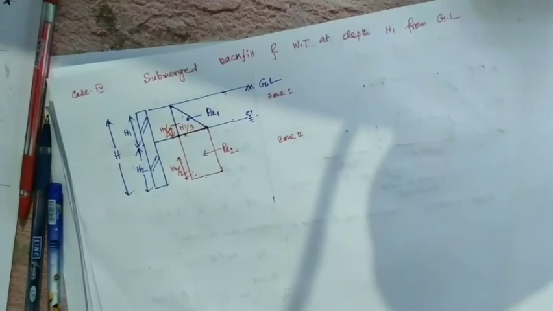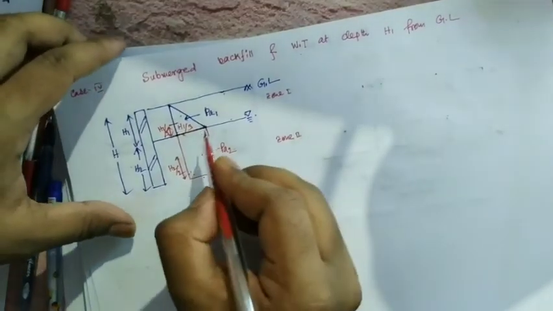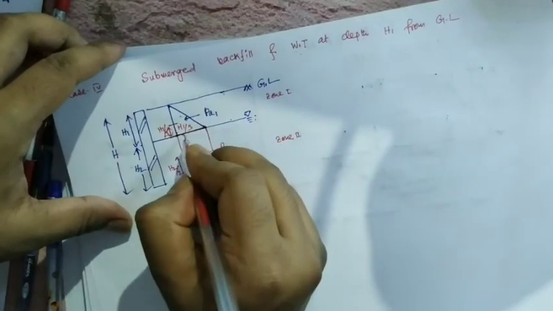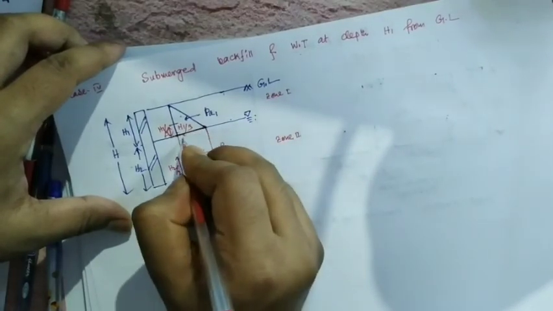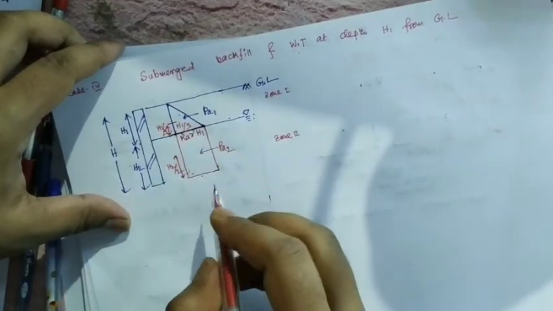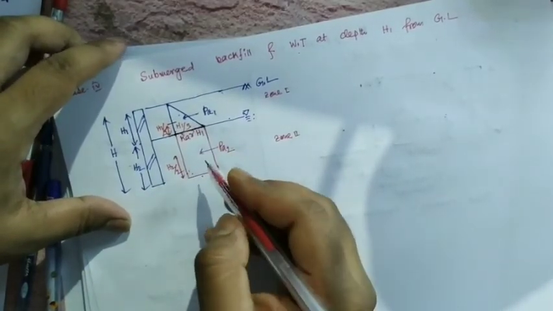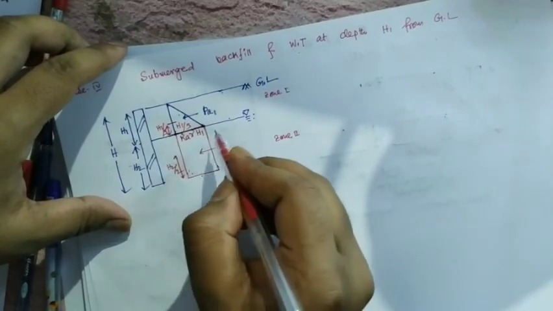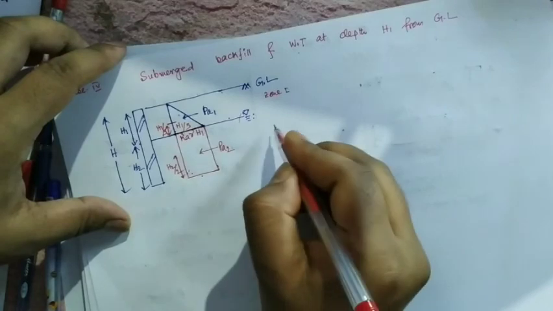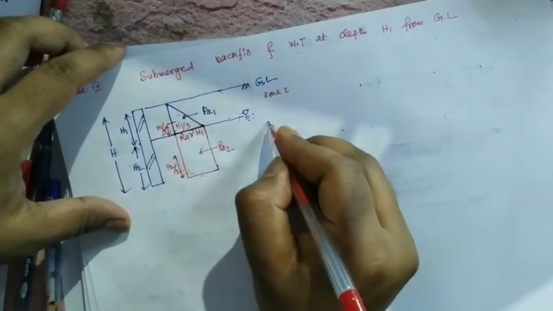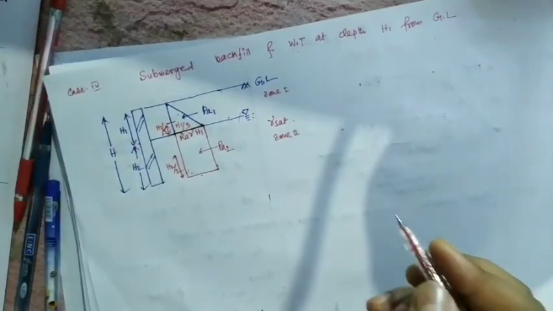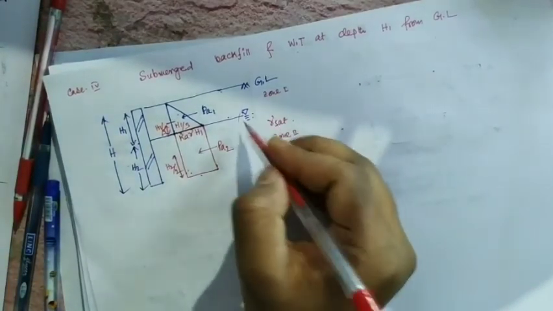Now look, from ground level to the water table, the pressure will be Ka gamma into h1. But when the water table is present in zone 2, the unit weight of soil will be gamma sat, because it is a saturated condition.